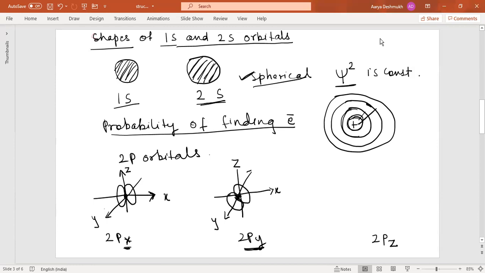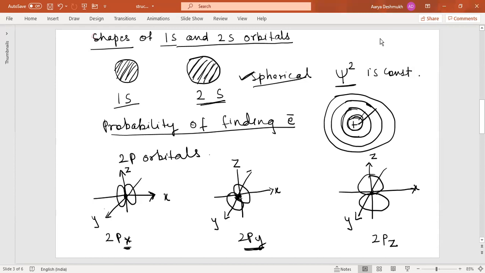Now you can draw similarly the shape of the 2pz also. This is your z-axis, this is your x, and this is your y. The lobes should pass through the z-axis, so you can draw this way. This is your 2pz, and this is your nodal plane.